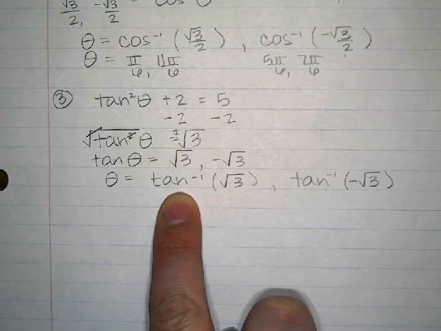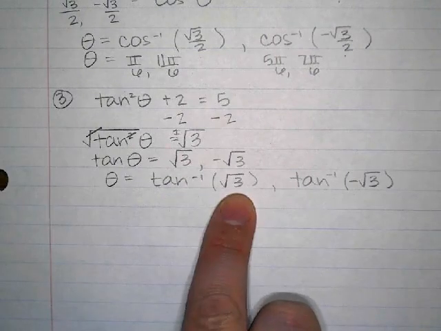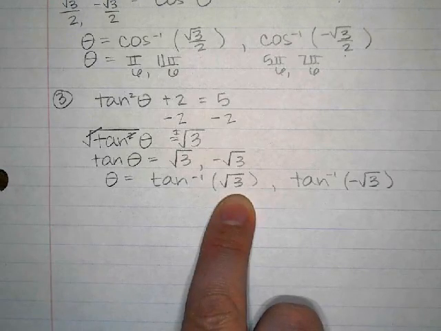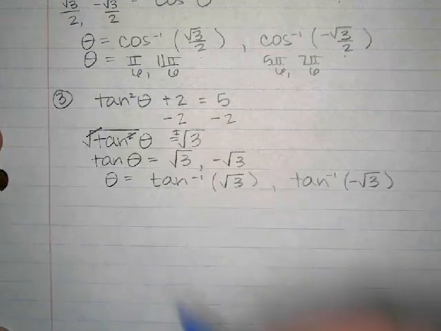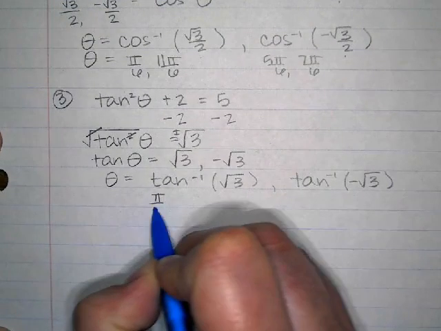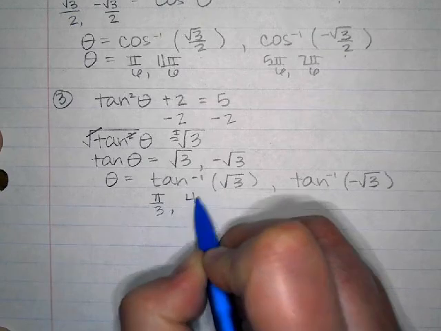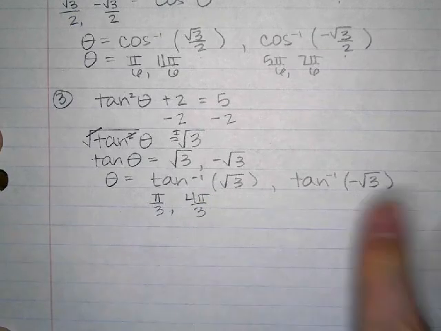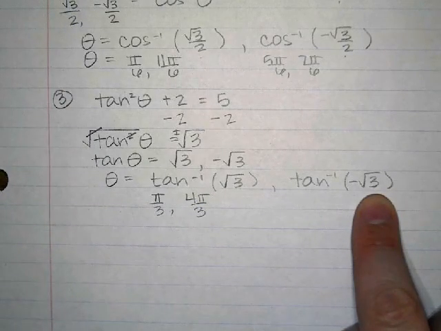So where on the unit circle does the y divided by the x simplify to a positive root 3? Pi thirds and 4 pi thirds, okay? And then where does the y divided by x simplify to a negative root 3? 2 pi thirds, 5 pi thirds. Yep.